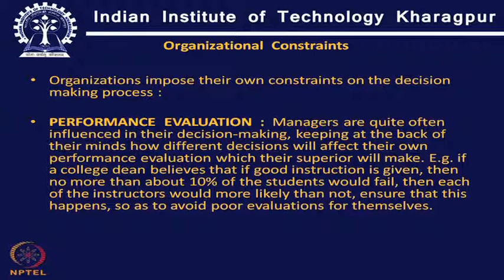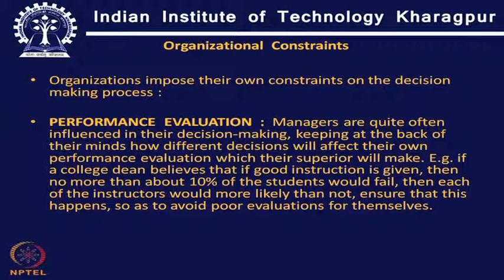So, if a college dean believes that if good instruction is given, then no more than about 10% of the students would fail, then each of the instructors would more likely than not ensure that this happens, so as to avoid poor evaluations for themselves.